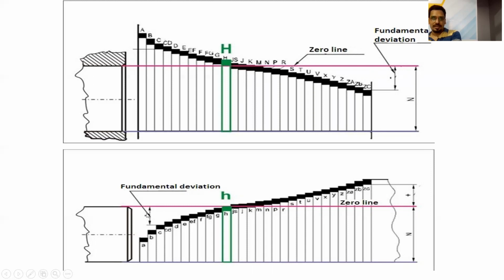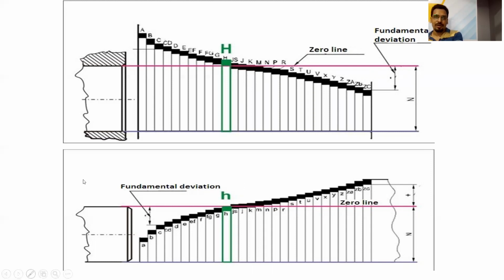In this diagram, this is the lower diagram. This is the representation of the shaft, and the fundamental deviation is given opposite to the hole. And this small h represents the basic shaft. It means the upper limit of the shaft is equal to the basic size of the given assembly.